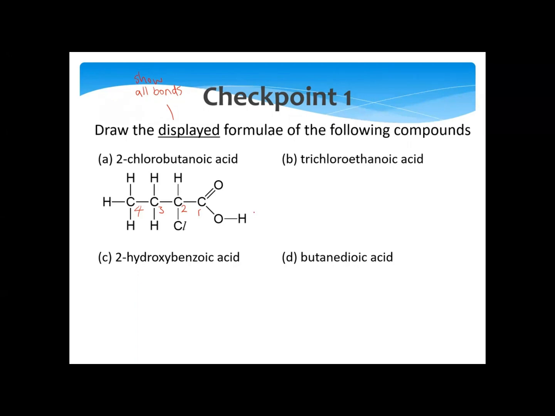Next, trichloroethanoic acid. Ethanoic acid has 2 carbons, and trichloro means there are 3 Cl substituents on the second carbon.